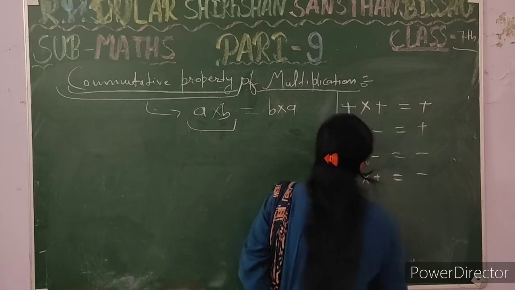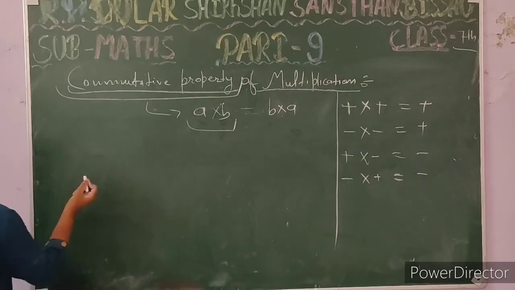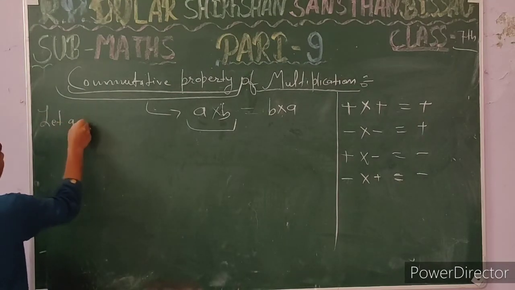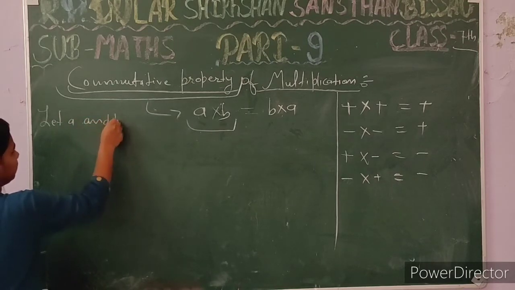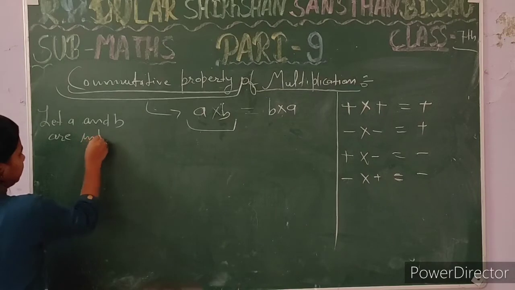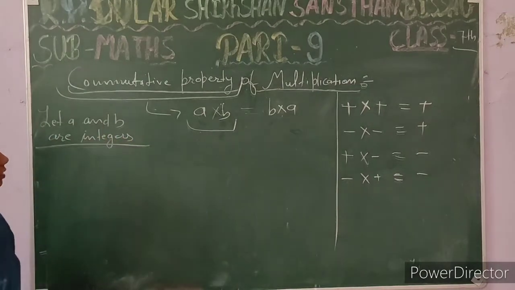So remember always. First of all I take both positive. Let a and b be integers. First of all, both are integers.